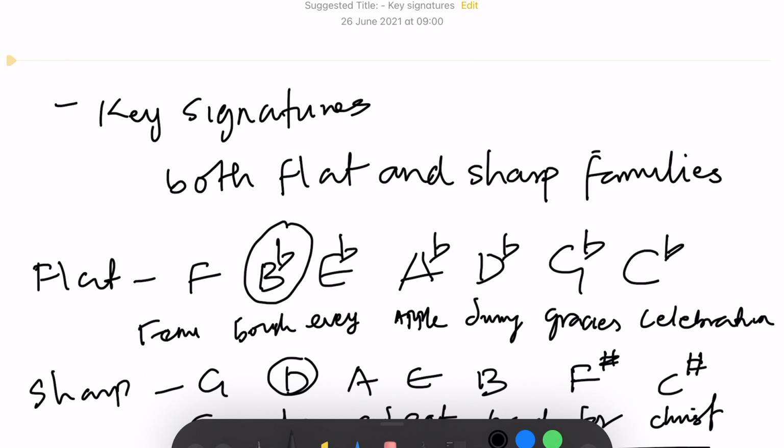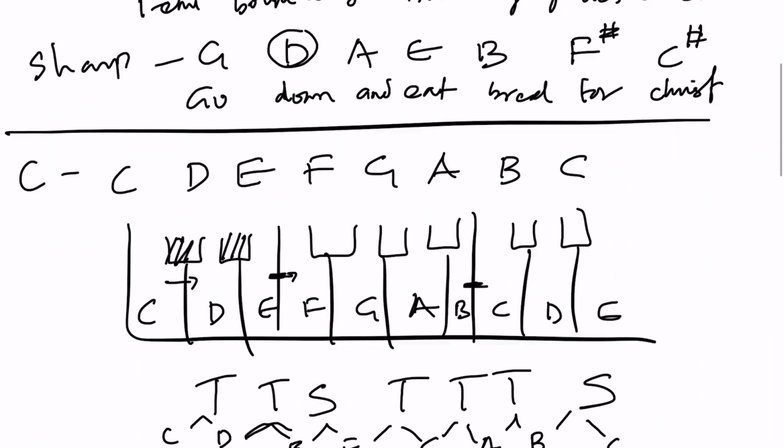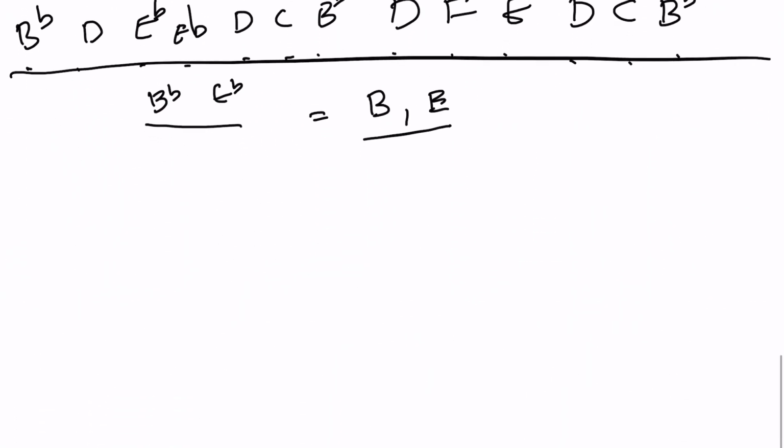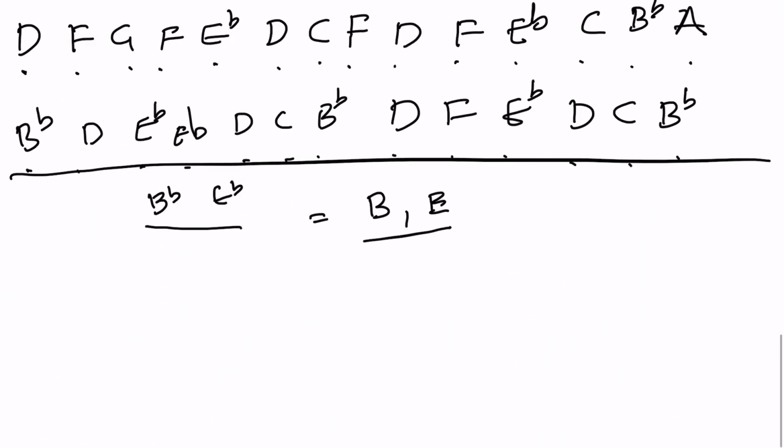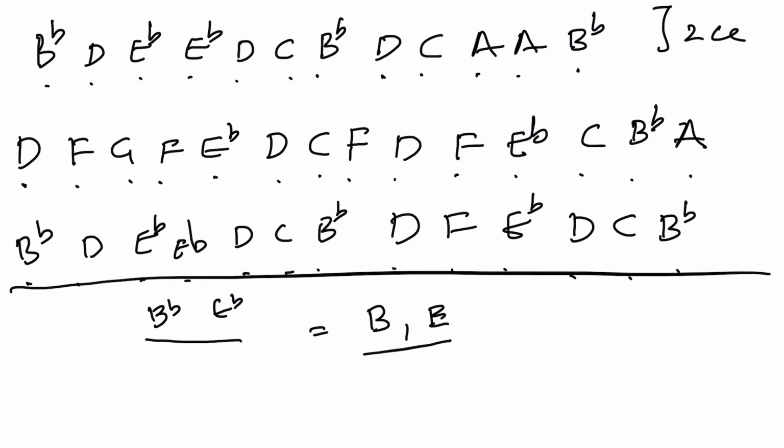So the key of B flat has two notes flattened, and those two notes are B and E, like you've seen here already. So what does that tell you? That the key of this song that I just sang right now is in B flat.